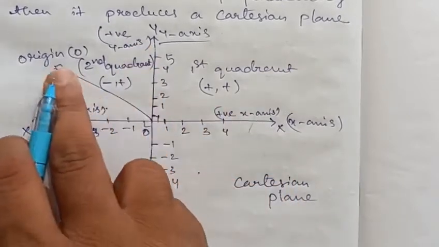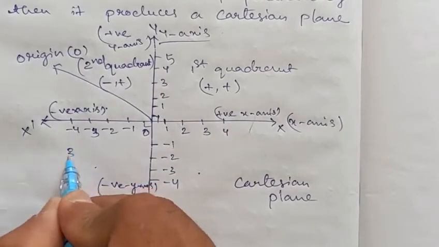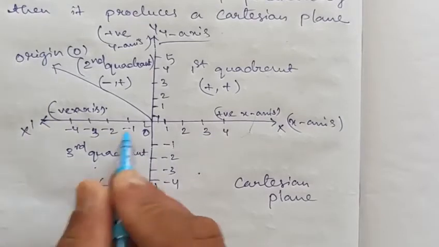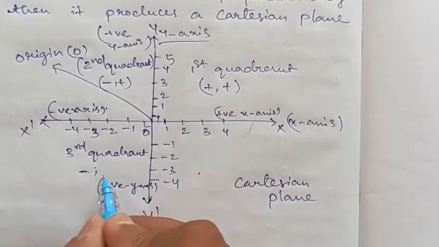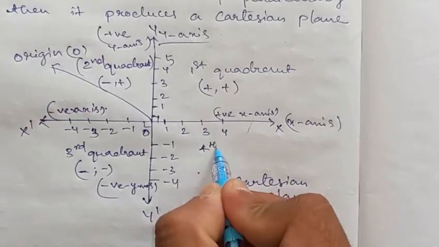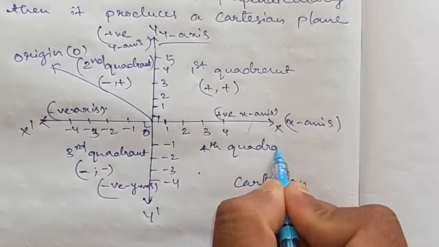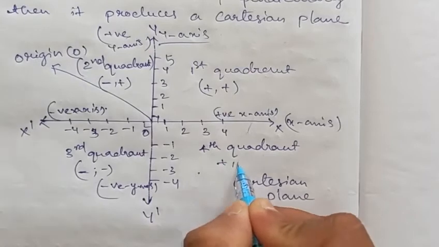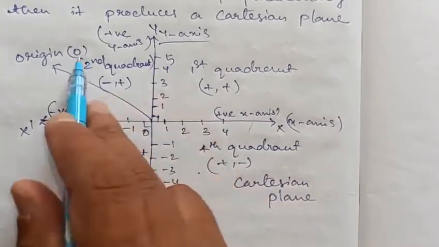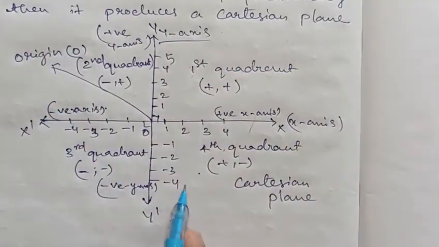This is the third quadrant. X is minus, y is also minus here. This is the fourth quadrant. Plus for x, minus for y. So there are four quadrants in the Cartesian plane.